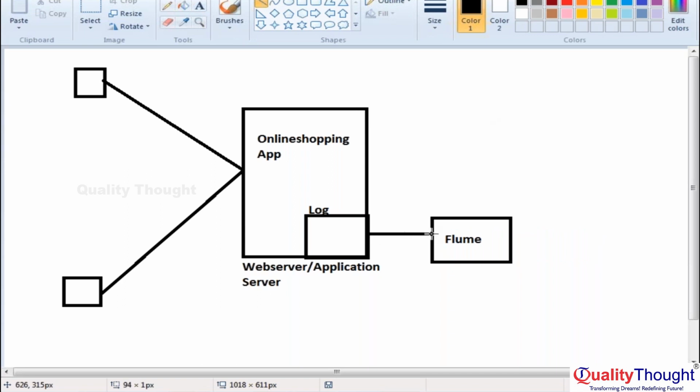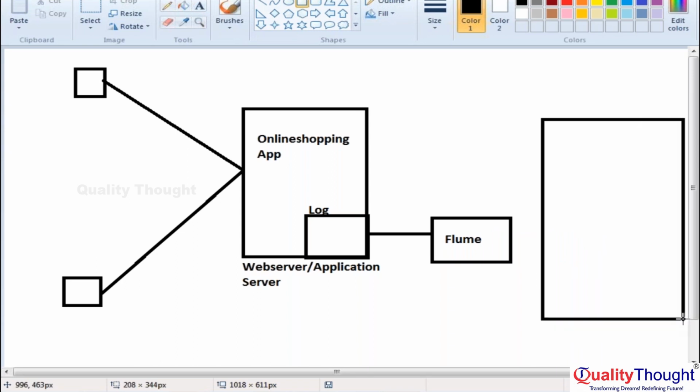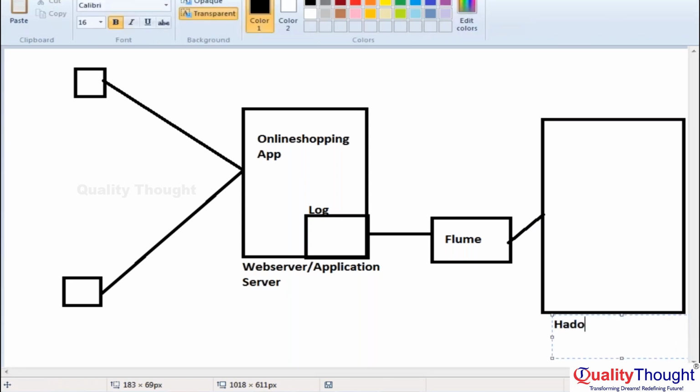Here I am showing logs as an example, but we can create a connection to any streaming source. Then we can store this streaming data into the Hadoop cluster. The main purpose of Flume is to read data from a streaming source and write it into the Hadoop cluster.